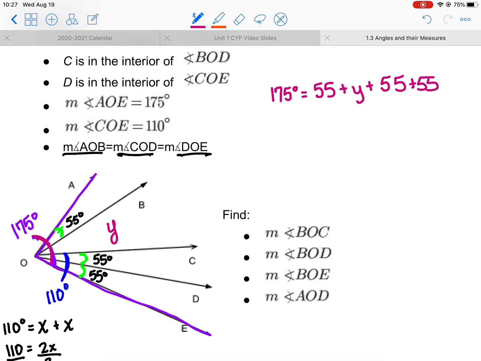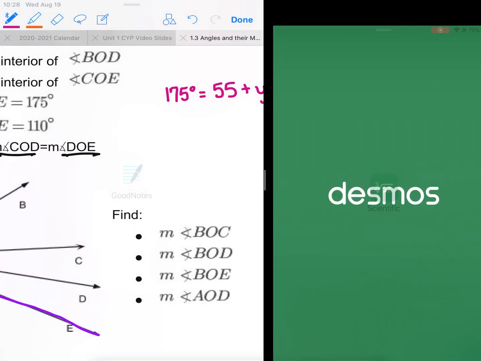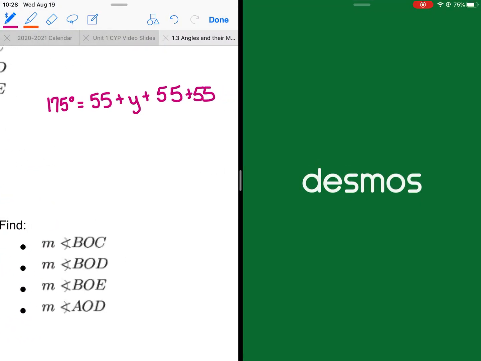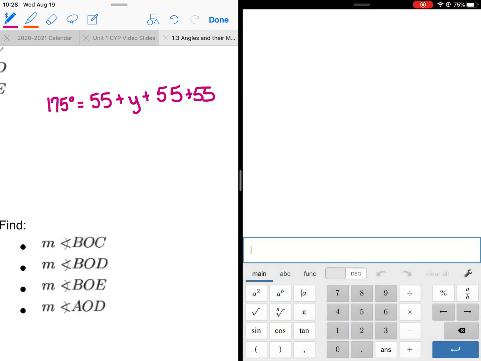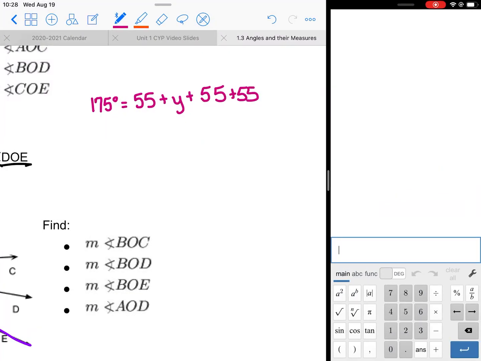So now I need to add those together, and I'm going to pull up my calculator. Since there's 3 of them, I'm going to use some of my math reasoning. I need to add these 3 things together. Since there's 3, I'm going to do 55 times 3 to find what that sum would be. So this is 165 plus Y equals 175.